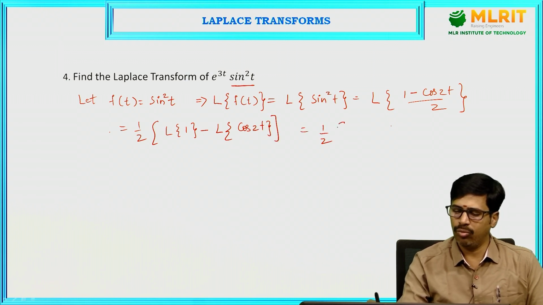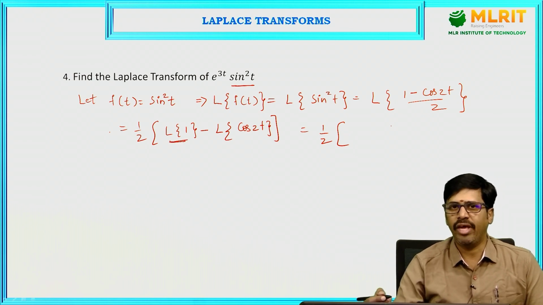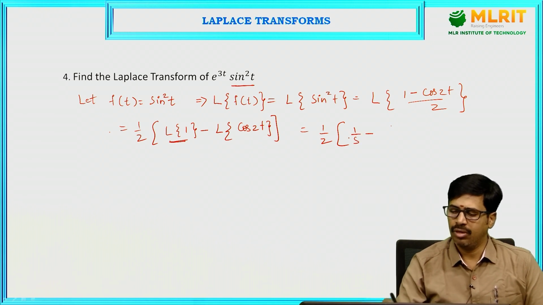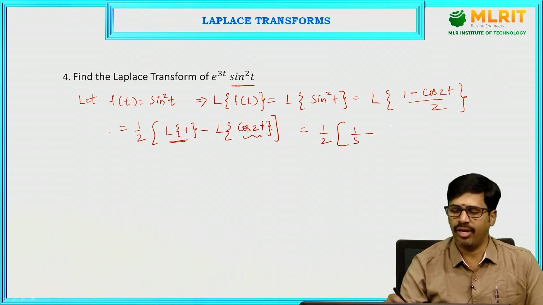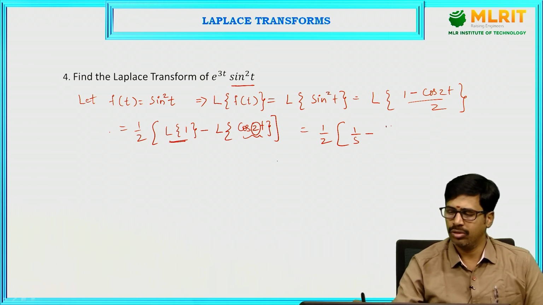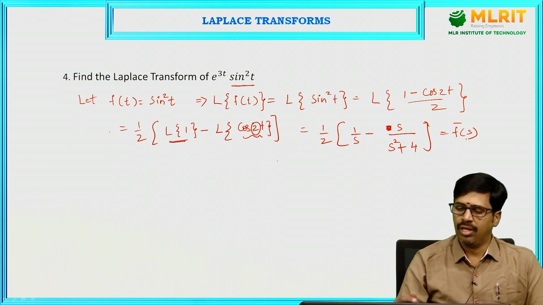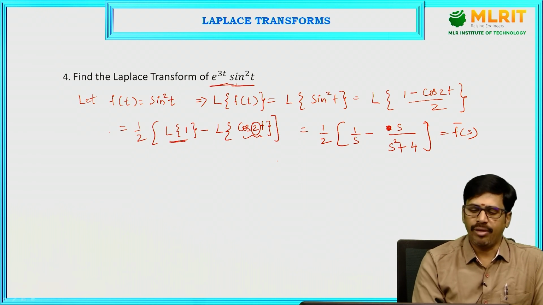So, 1 by 2, what is the Laplace transform of 1? The Laplace transform of k is k by s, so Laplace of 1 is 1 by s. Laplace of cos at is s by s square plus a square, here a means 2. So, s by s square plus 2 square, that is 4. Now, I am assuming this function as f bar of s. I want Laplace of e power 3t into f of t.